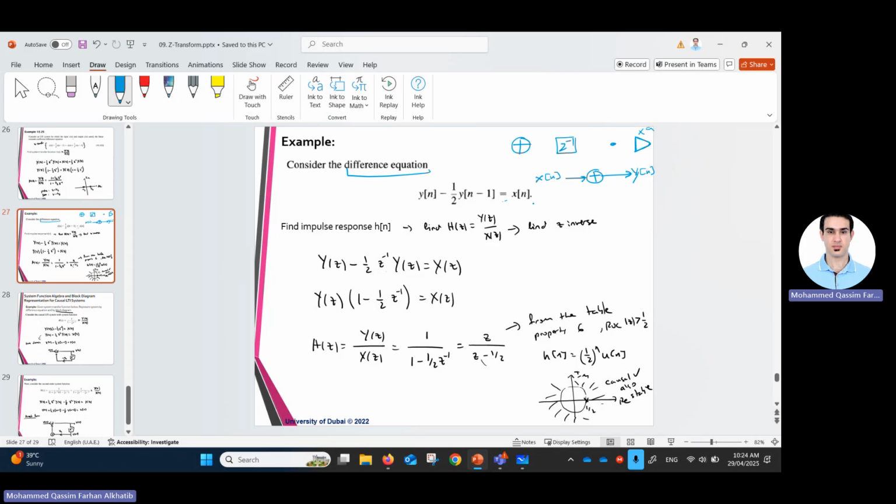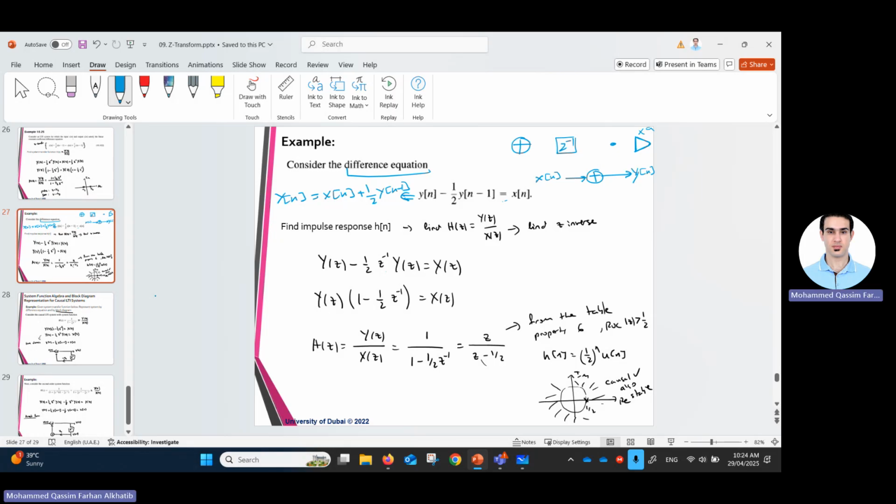So in this example, rearrange the terms in a way that you have y of n equals the other expressions. So this one here, we can rewrite as y of n equals x of n plus 1 over 2 y of n minus 1.